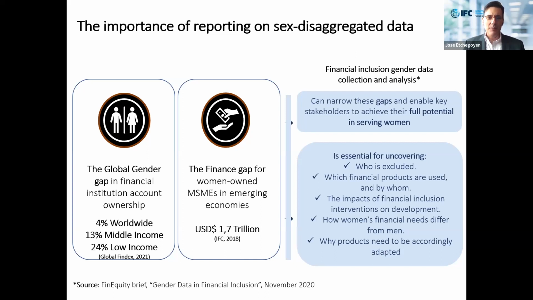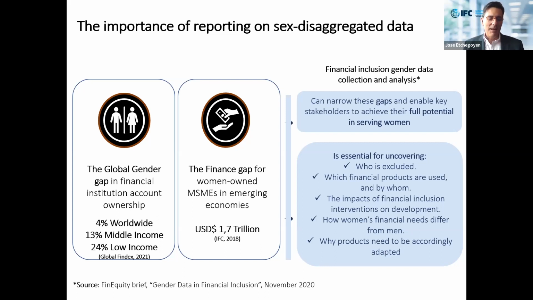The latest information that we have about the finance gap in terms of access to accounts in financial institutions, which is from 2021, and is the Findex 2021 database that I shared in the chat, shows that the gap has narrowed from 7% to 4% worldwide, and that is really good news.